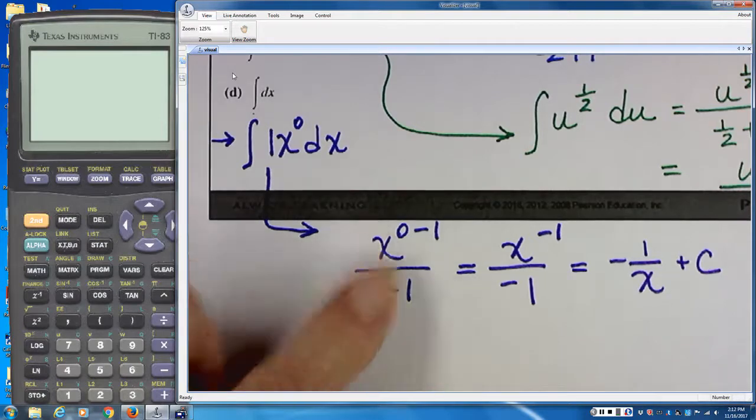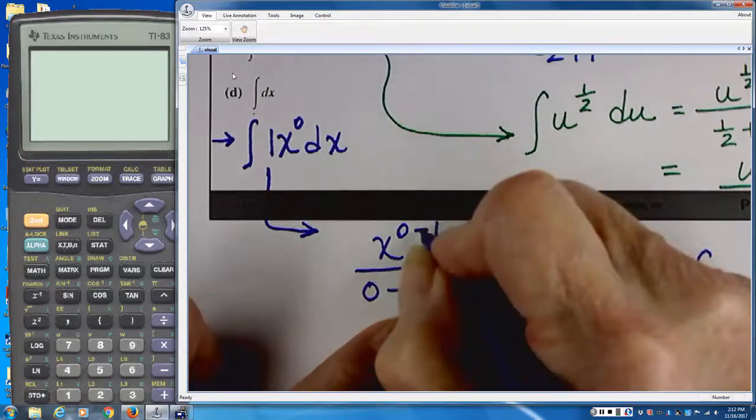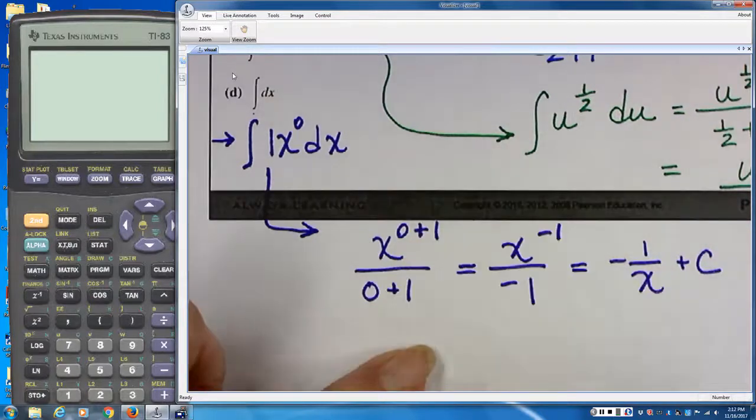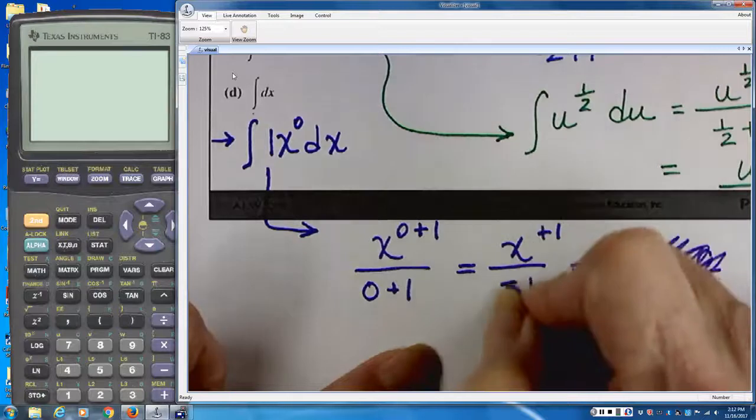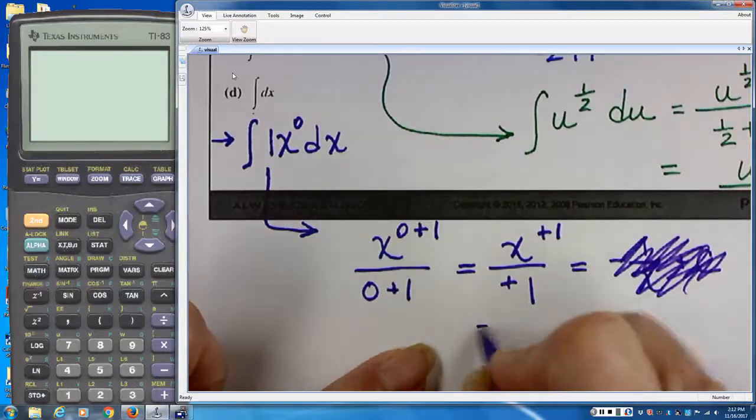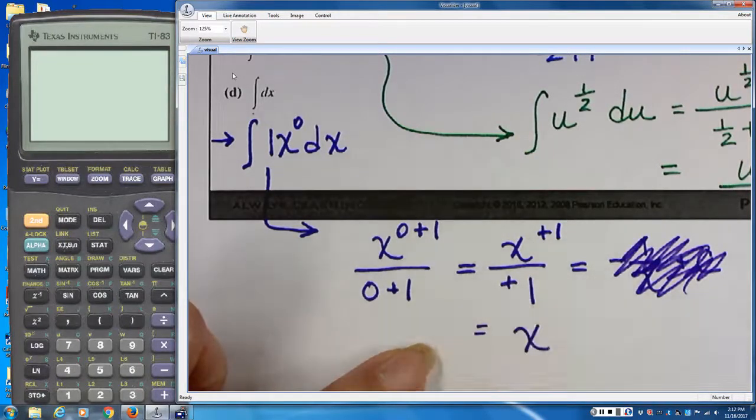Because you're subtracting 1 both times. You always, oh, sorry. Add 1. Brain leak. Thank you. So it's x to the +1 over +1, and that's just x.